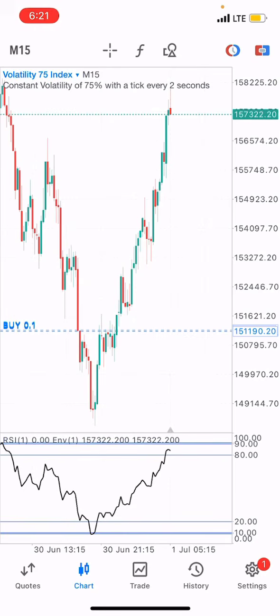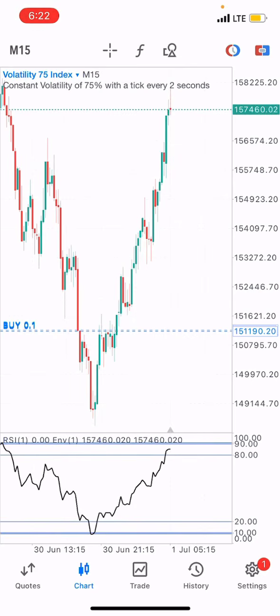Then if you're an intraday trader like me, just go to your 4 hours time frame, find your entries in the 15 minutes time frame or 5 minutes time frame. The same thing applies to the 1 hour too. If you do your analysis on the 1 hour time frame, find your entries on the 5 minutes time frame or sniper entries on 1 minute time frame.